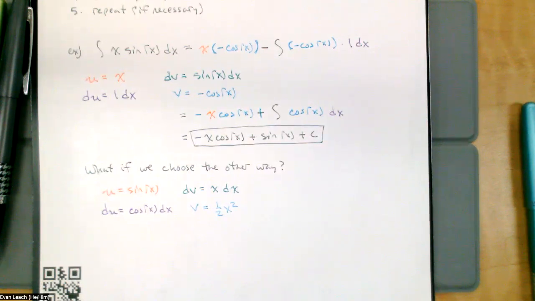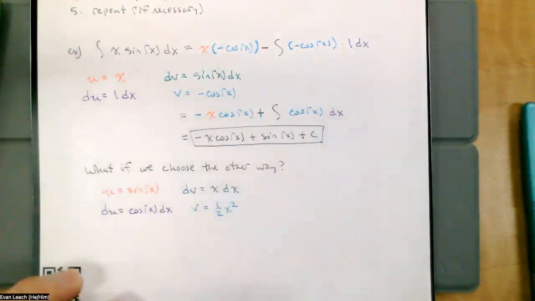Now in the parts formula, uv, that's no problem. 1/2 x squared times sine of x. But the problem is our integral is now x squared cosine x. That's worse. We went from x cosine x to x squared cosine x.